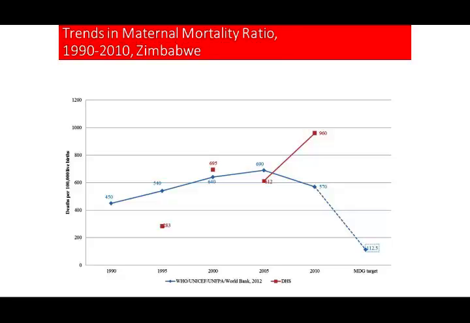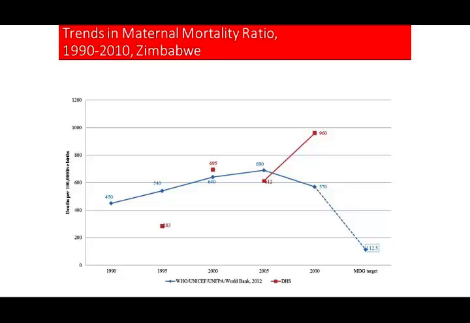Zimbabwe had 390. So what happened since then? Because of a political challenge, the maternal mortality went up. Regression of milestones, from 390 to 960, DHS result, 2010.